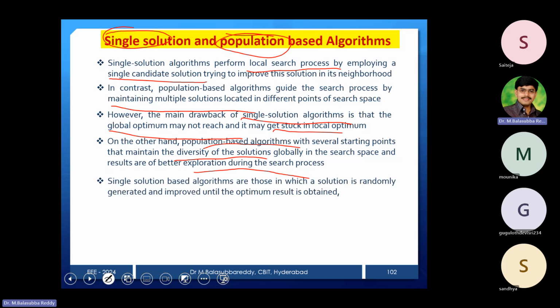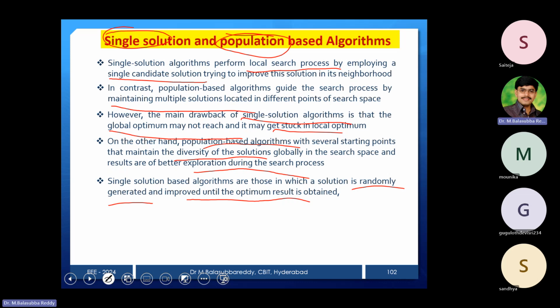The single solution based algorithms are those in which a solution is randomly generated and improved until the optimal solution is obtained. For all swarm intelligence, and for that matter all optimization algorithms, the first step is common for all.